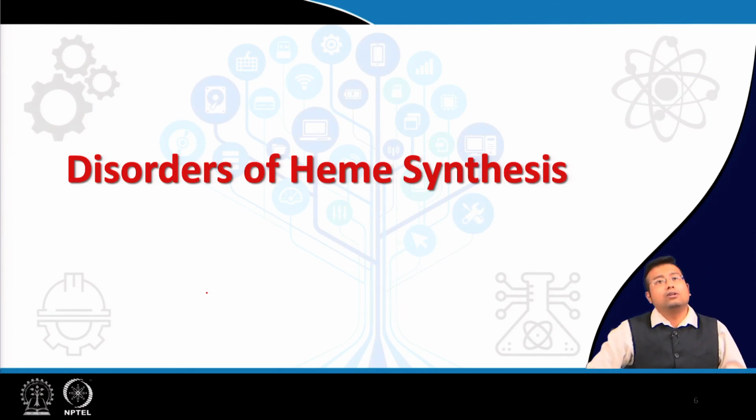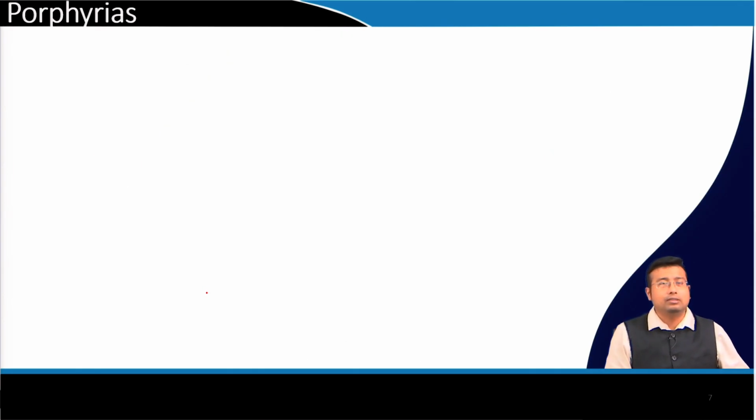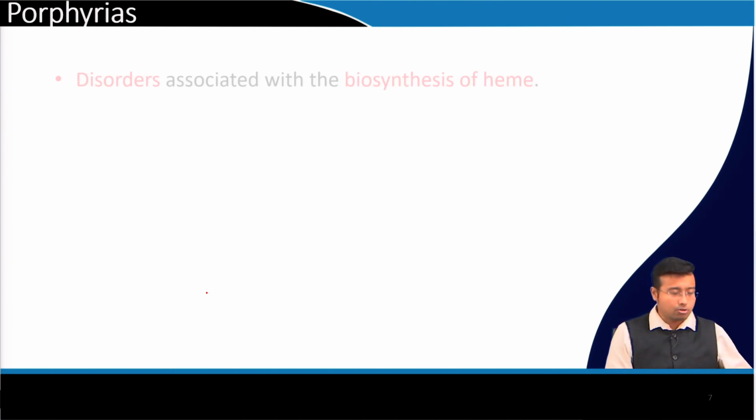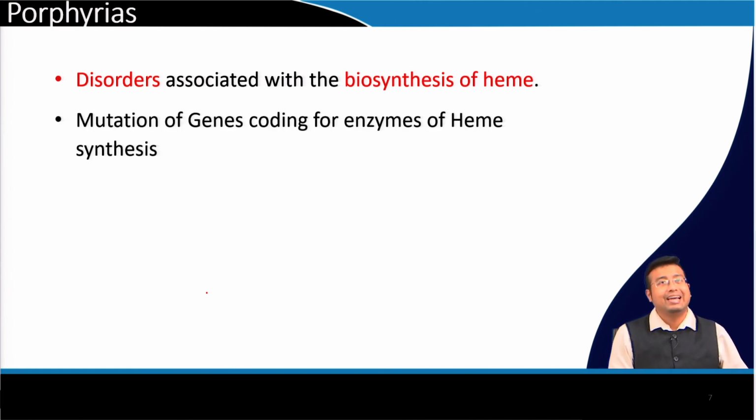Anyway, coming to the disorders of heme synthesis, this was all about last class's revision. I hope you have gone through them very well. The disorders of heme synthesis are collectively known as porphyrias, disorders associated with biosynthesis of heme. What is the reason?